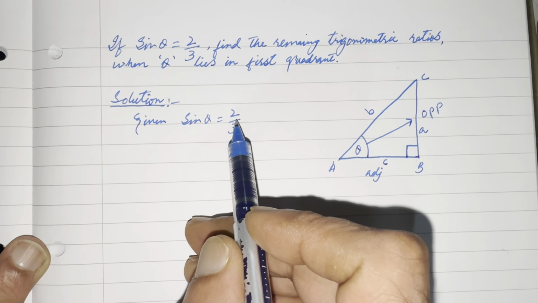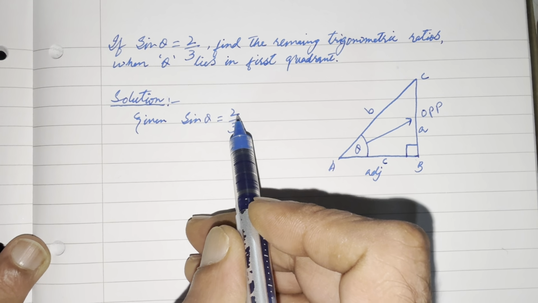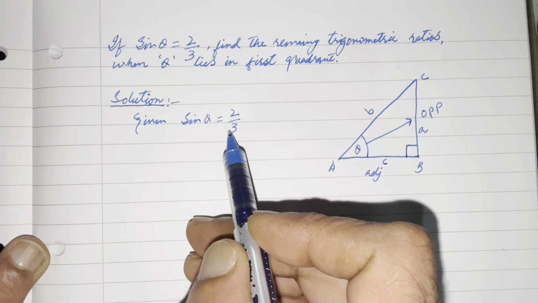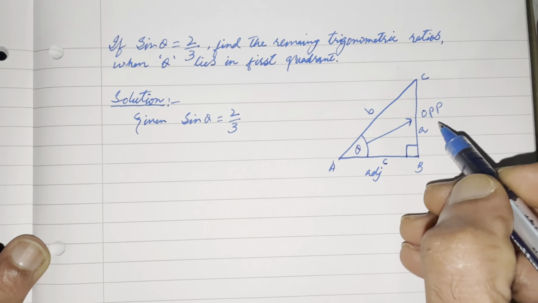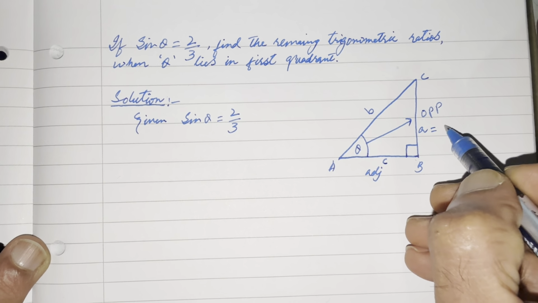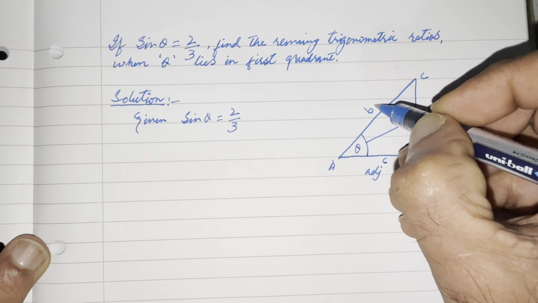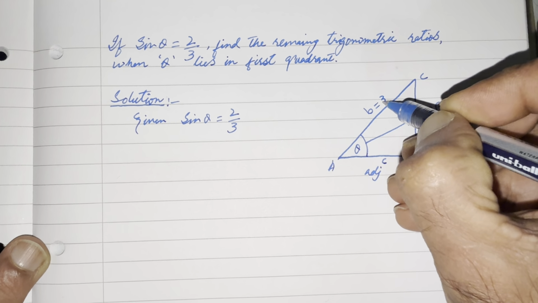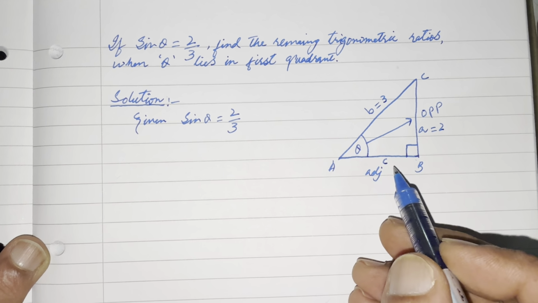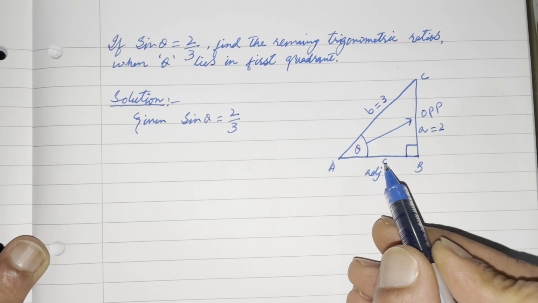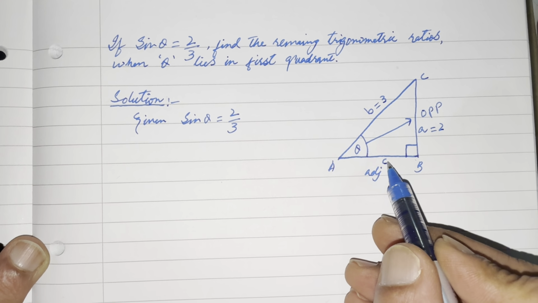So 2/3 means 2 is the opposite side and 3 is the hypotenuse. So we can say that a is equal to 2 and b is equal to 3. Now we have to find the length of the side c.